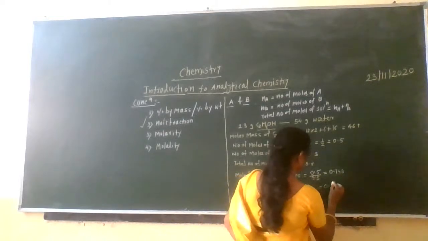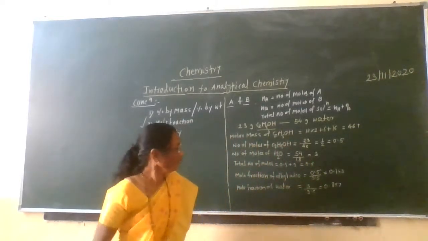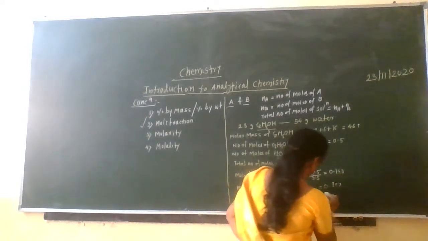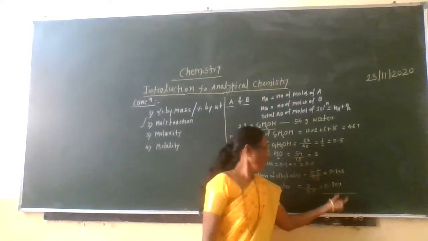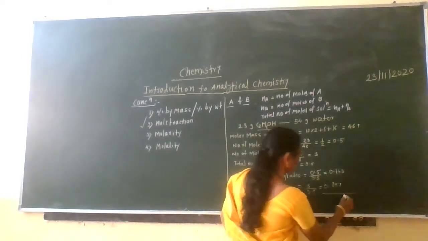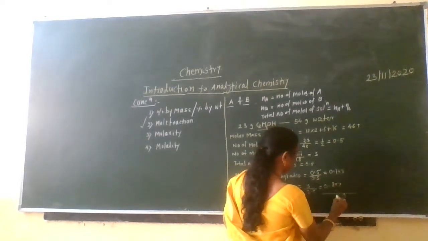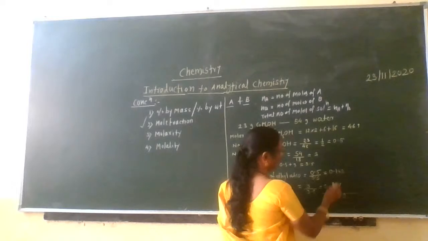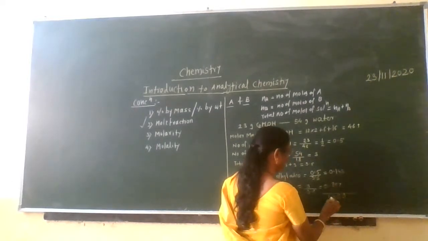And now again, when we add these two mole fractions, we should obtain 1, isn't it? Now see here, 7 plus 3 is 10, carry 1, 6 plus 4 plus 1 is 11, carry 1, 9 plus 1 plus 1 is 11, carry 1, 1 plus 1 is 2.